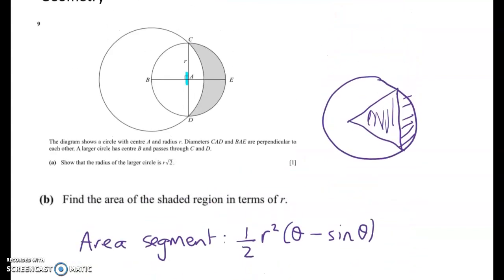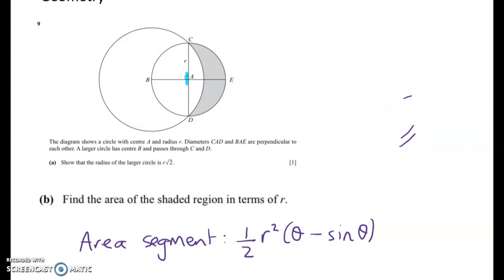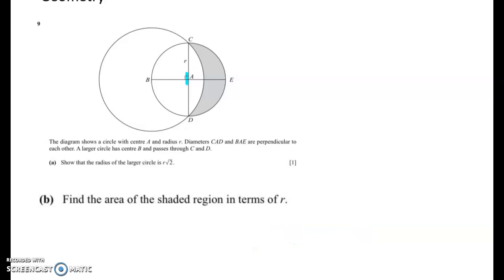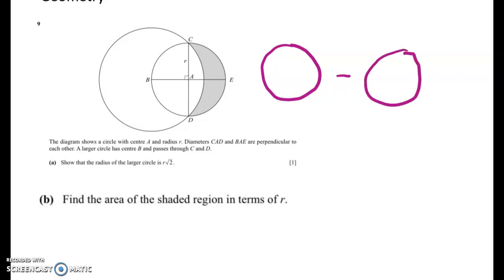So let's go back to the clunky way to do this. I always find it best to draw a pretty slow diagram with problems like this one. So in this case, what I'm looking for is the area of the whole of the little circle minus a couple of bits of it. So which bits don't I want?